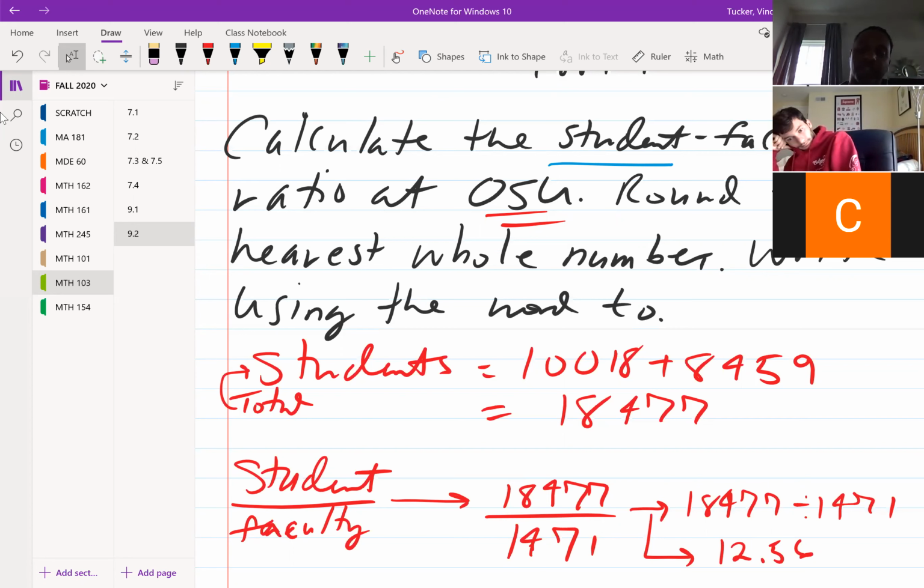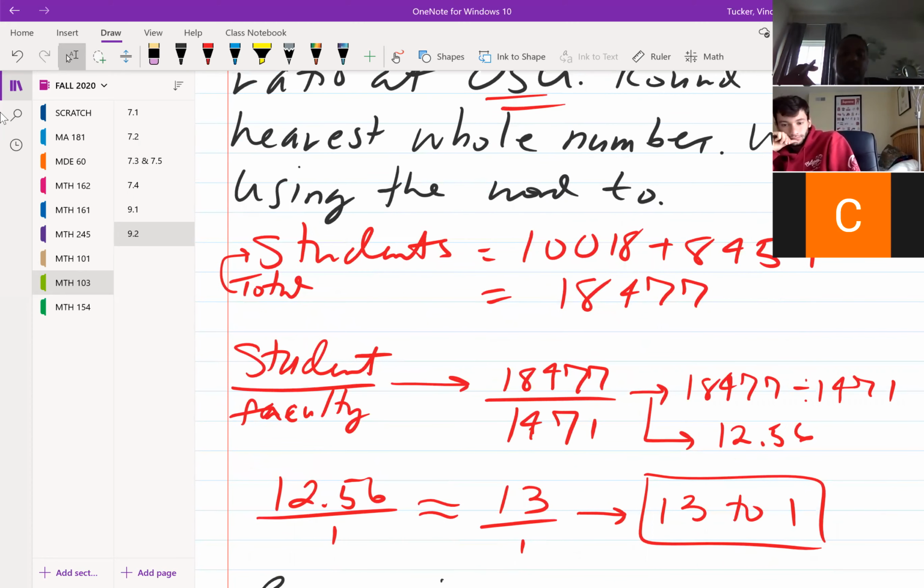That gives us 12.56. So that's 12.56 to 1 or 12.56 over 1. It tells us to round to the nearest whole number. So we take that 12.56 to 13 and write the ratio with the word to. So it's a 13 to 1 ratio, student to faculty.